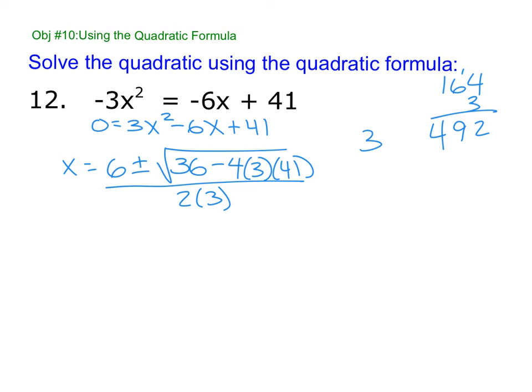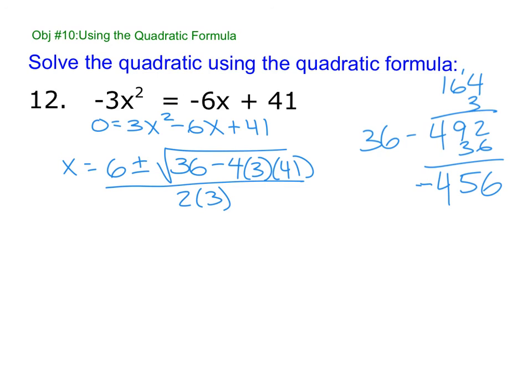Negative 36 minus 492. Ugh. 456. Negative 456.